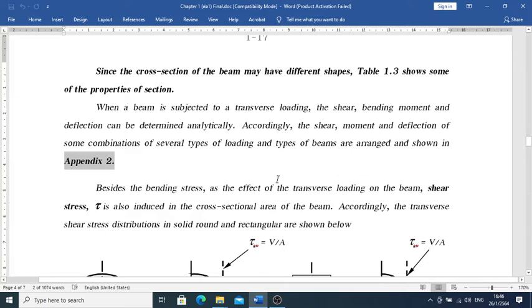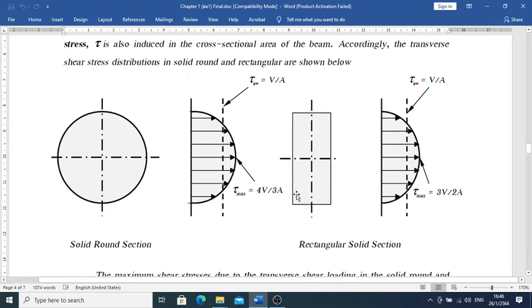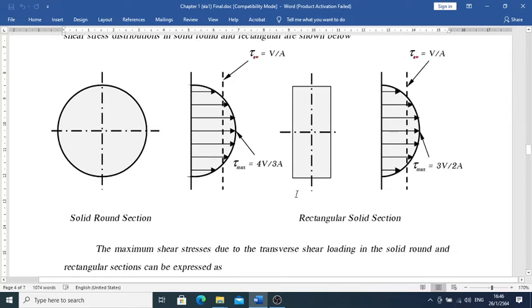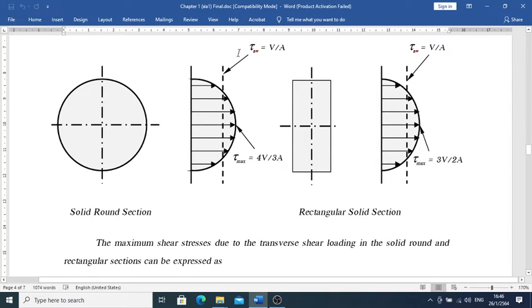Another thing is that we experience not only bending stress but also shear stress induced within the beam. If the beam has a round section, we experience a tau max at the center.